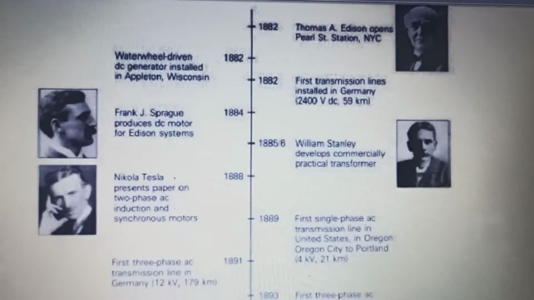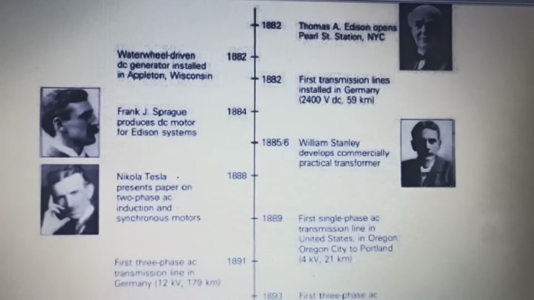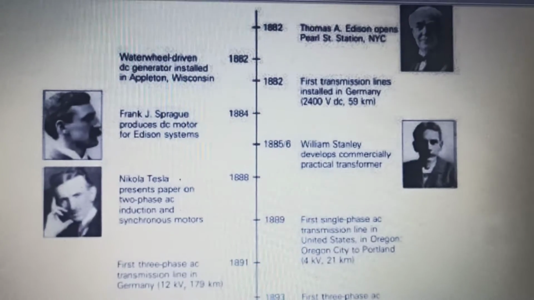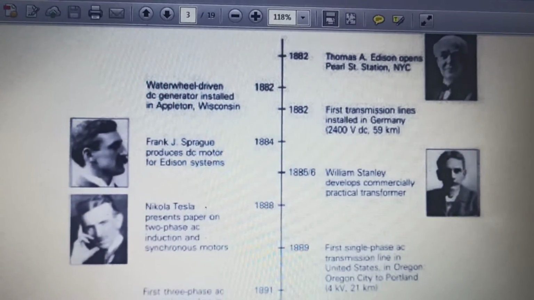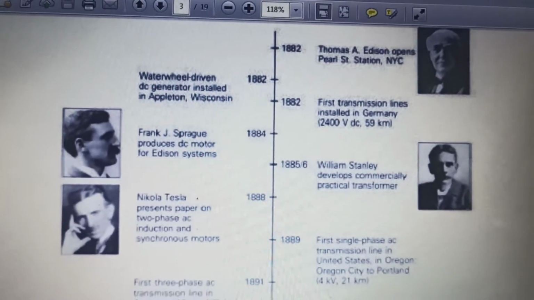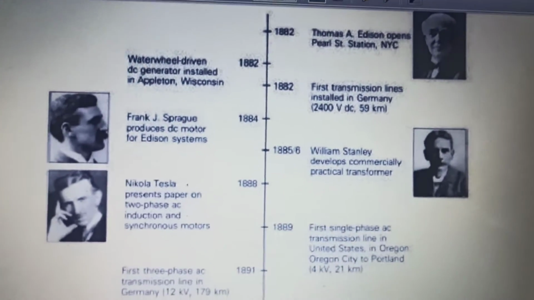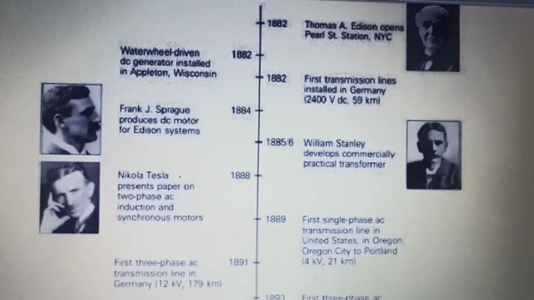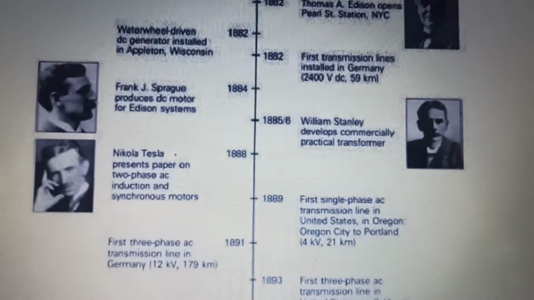Okay, and it was installed in Appleton, Wisconsin. Okay, is it clear? So you can understand that basically the origins of electricity lay in America, the United States of America.